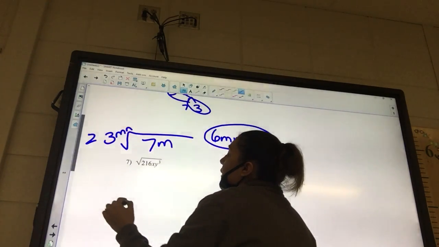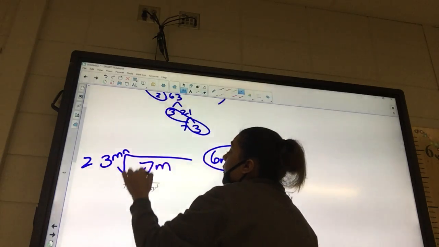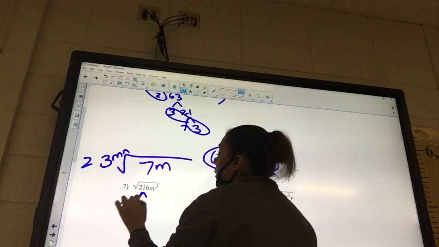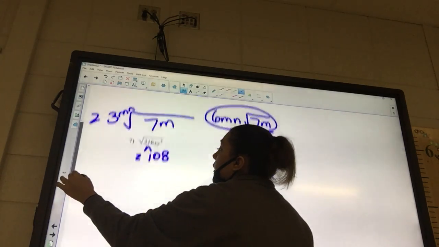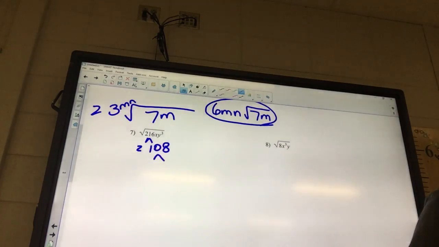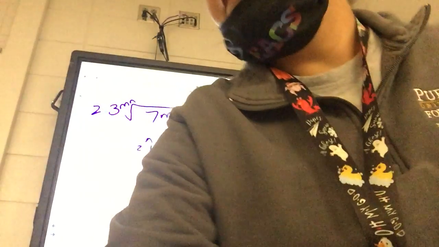Okay, what are some factors of 216? 2 and 108. Okay, what about 108? 2 and 54.